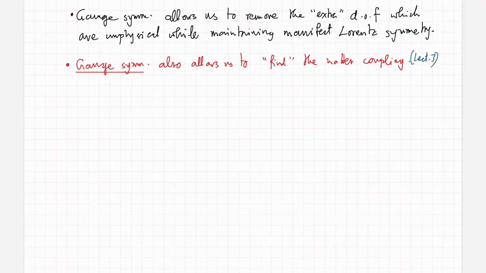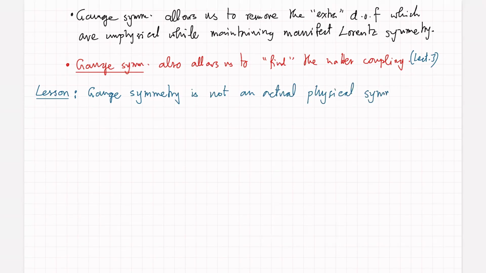One important lesson to take away from this discussion is why I wrote gauge symmetry within quotes earlier. Gauge symmetry is not an actual physical symmetry. It is simply needed because we are using a field variable, a number of degrees of freedom, which is more than what we actually need.